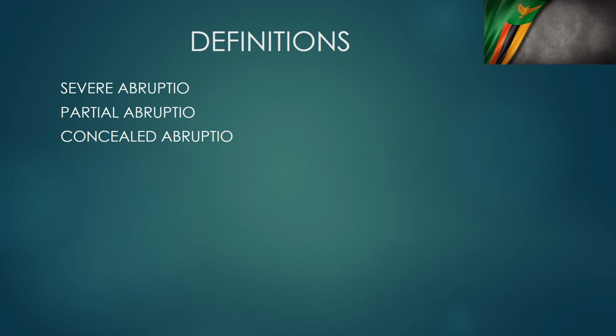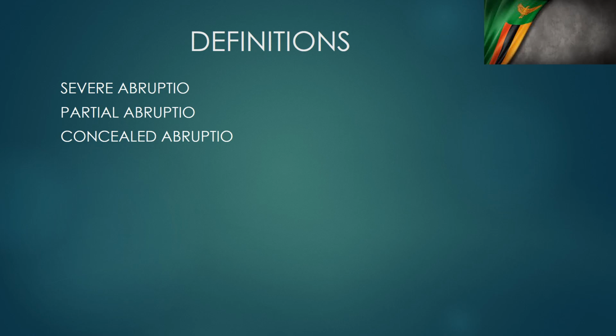And in cases where you have shock in the mother, disseminated intravascular coagulation in the mother, and you have a mother that ends up with a hysterectomy as a result of abruptio placenta, that would be called a severe abruptio placenta.